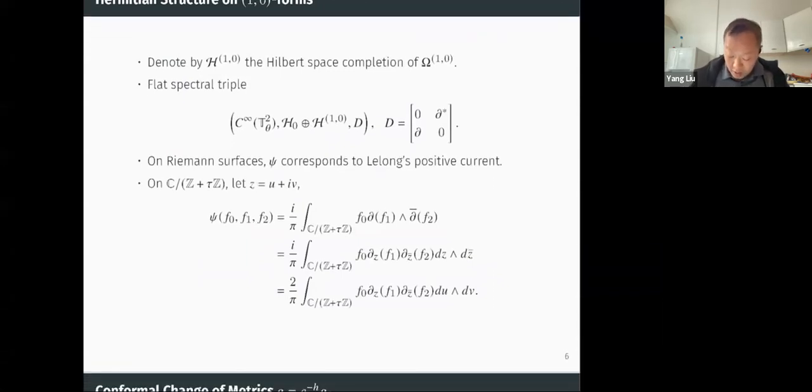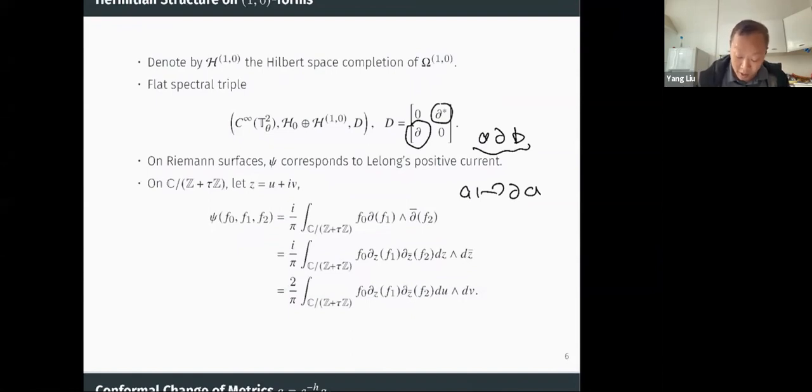Now think about this partial, the partial on one forms. You can think of this as an unbounded operator, right? A maps to partial A, from functions to one forms. And here it's the adjoint, right?